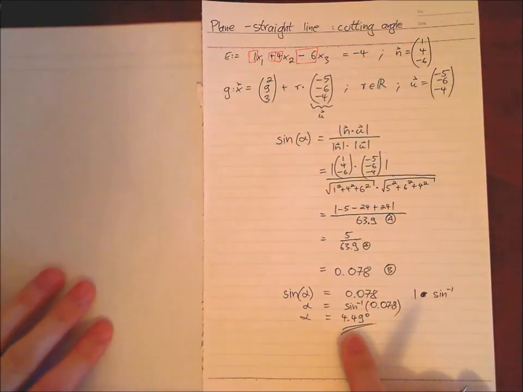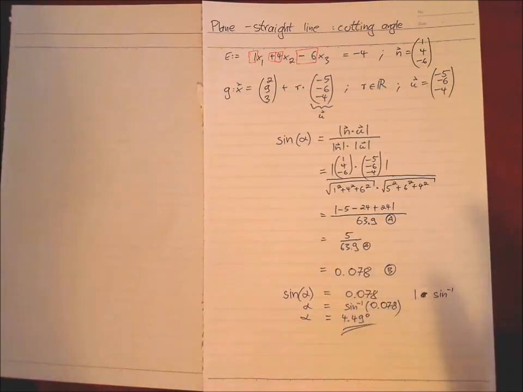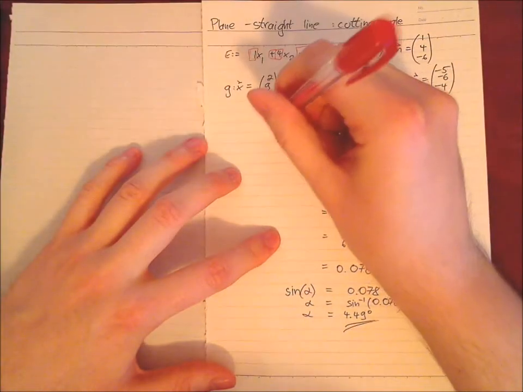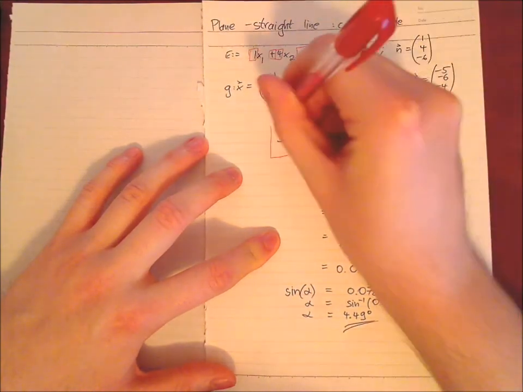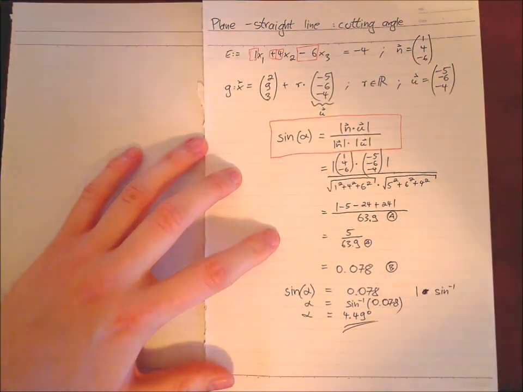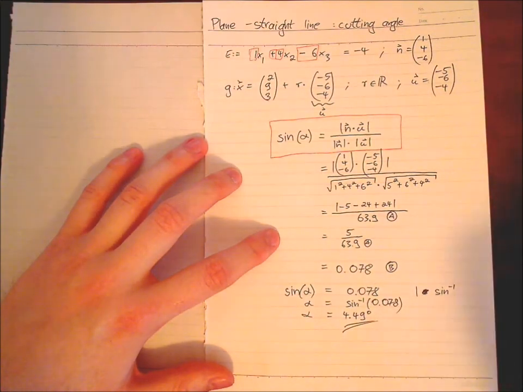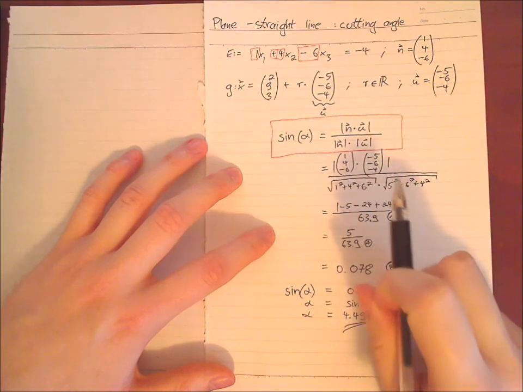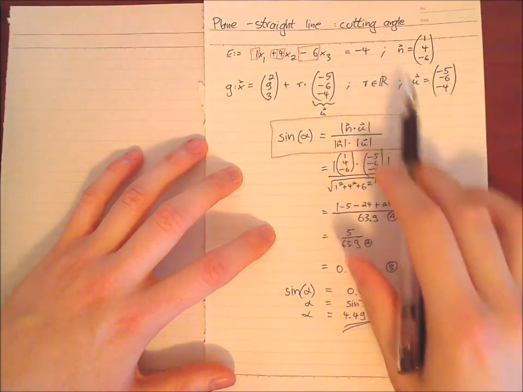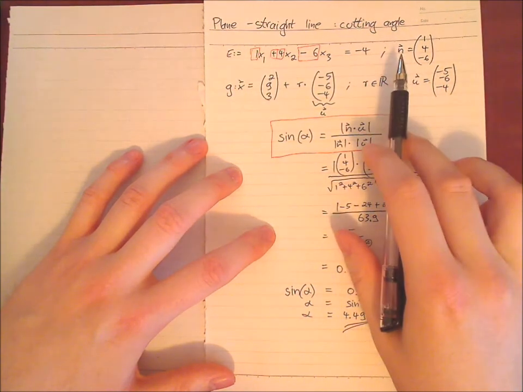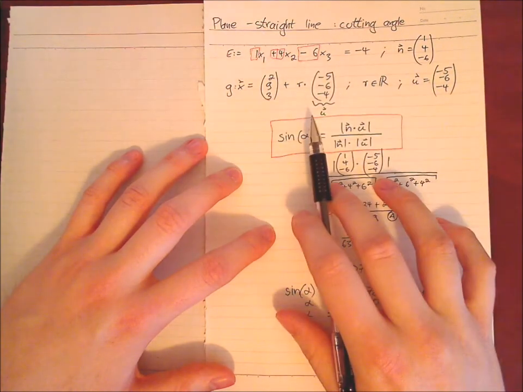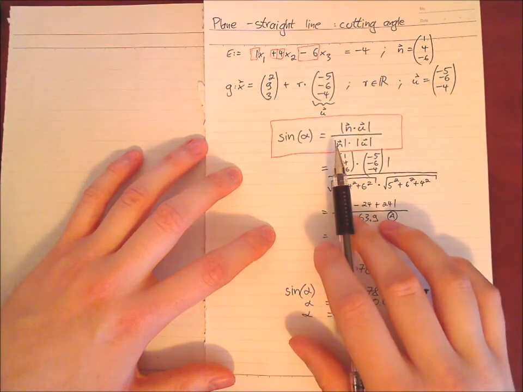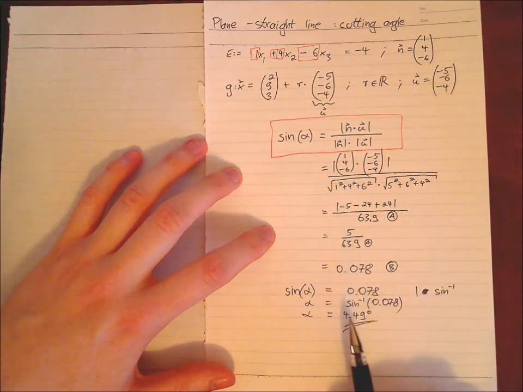So all the calculation is not too difficult. You have to know one thing: this formula, which is important, because finding out the formula in the exam may take too much time, so it's a lot better just to know the formula. And those two vectors, you can obtain one from the plane, the other one from the straight line. Then you just put in the vectors, you calculate it, and you end up with your cutting angle.